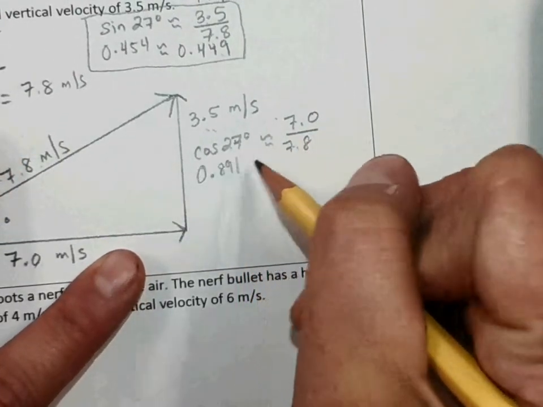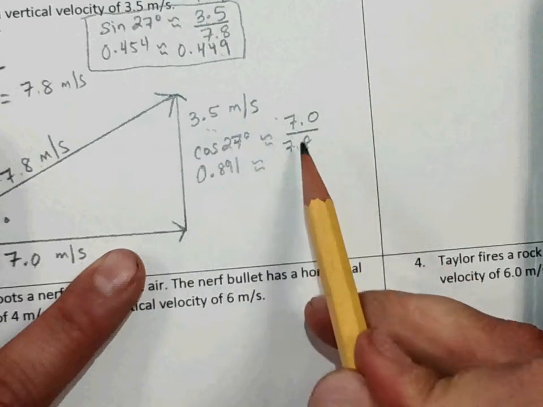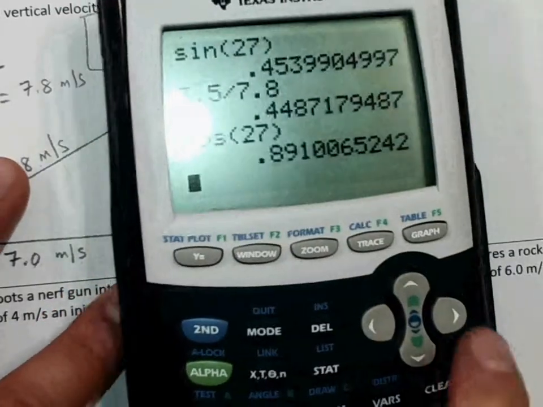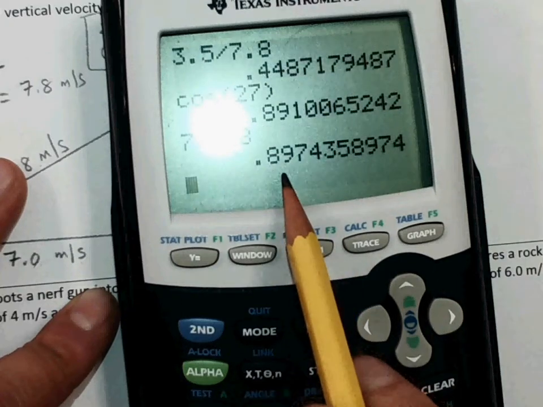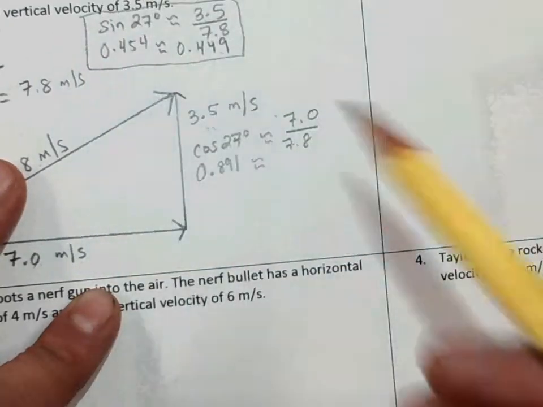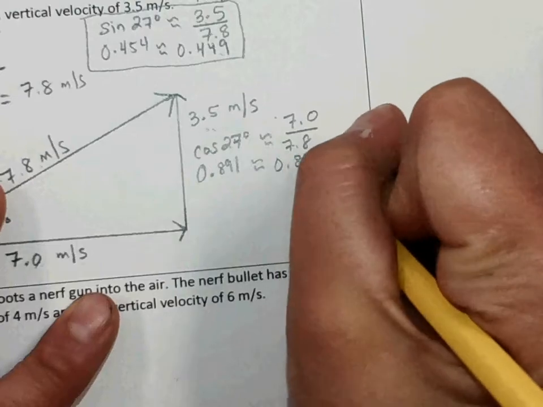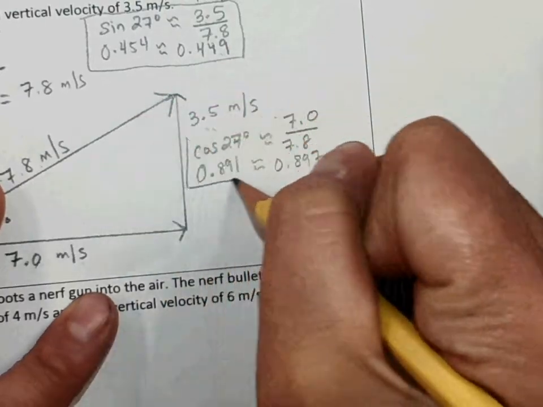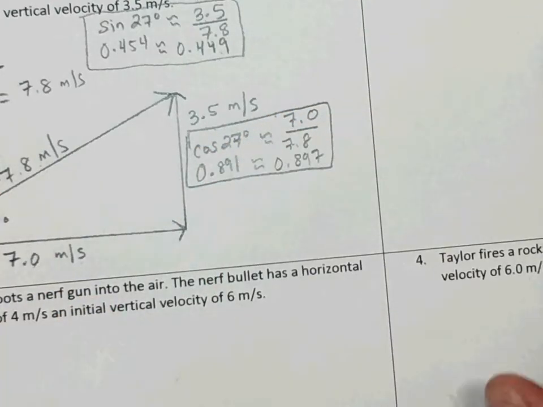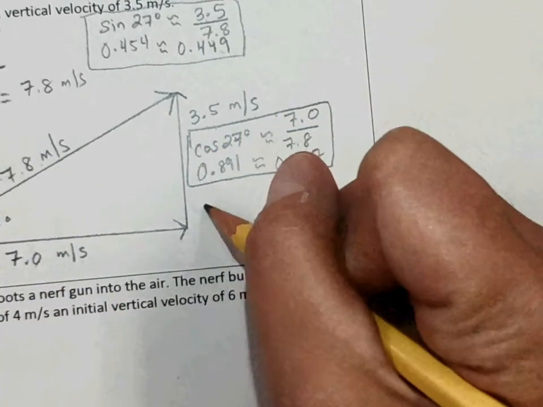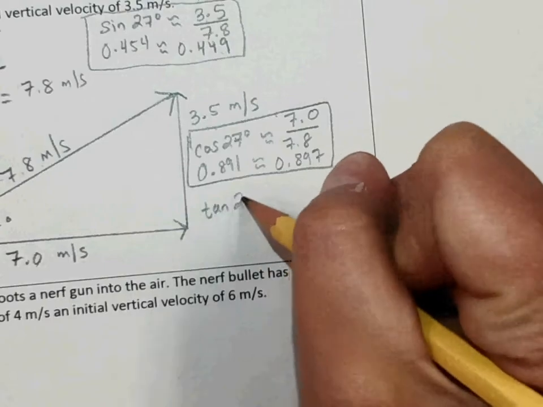So on the paper I show 0.891, and that should approximately equal 7 divided by 7.8. And it does. I get 0.897. That's pretty close. So I'll box this in, show my values. Last one, we do tangent.